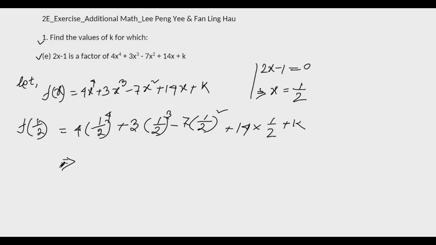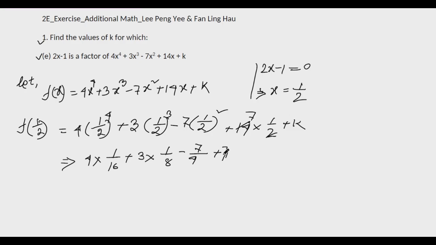If we calculate this further, we will get 4 multiplication 1 over 16 plus 3 multiplication 1 over 8 minus 7 over 4 plus, if we cancel out 14 by 2, we will get 7 here.